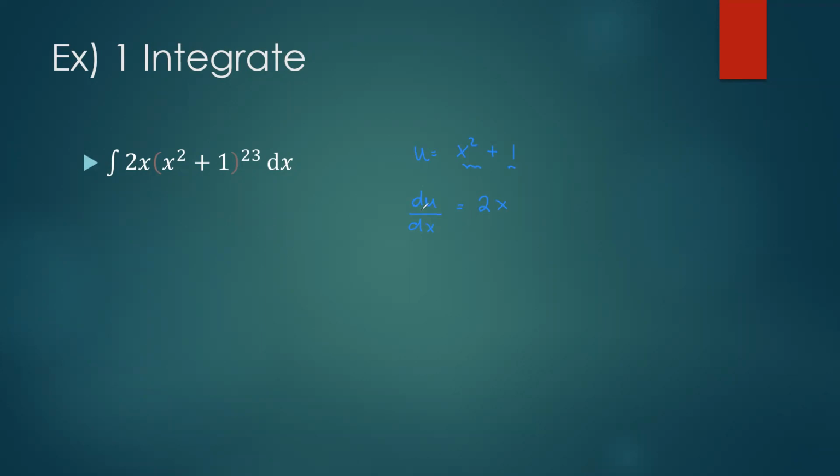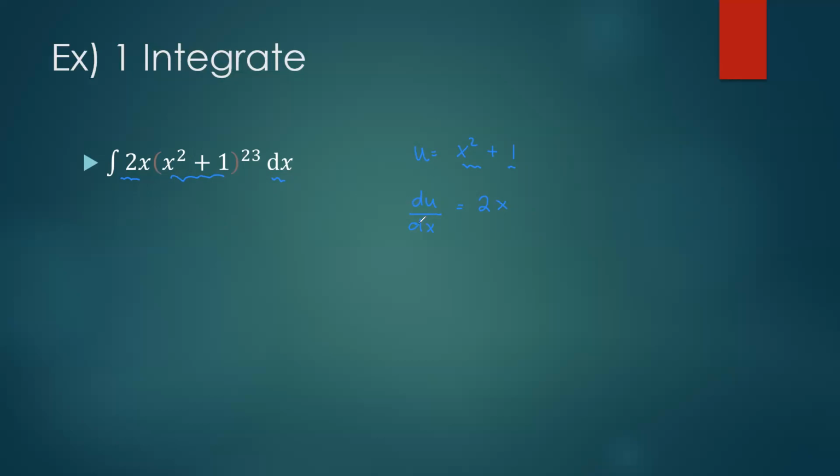So on the left you have du/dx, and on the right we just have 2x. This is our u now, and then we have this extra 2x and this dx. If I have a dx next to the 2x, it would actually turn out really nice.